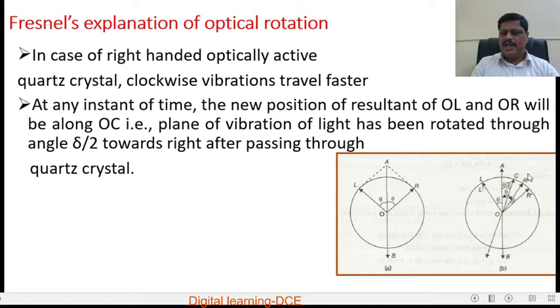So the right-handed vibration travels faster than the left-handed vibration.